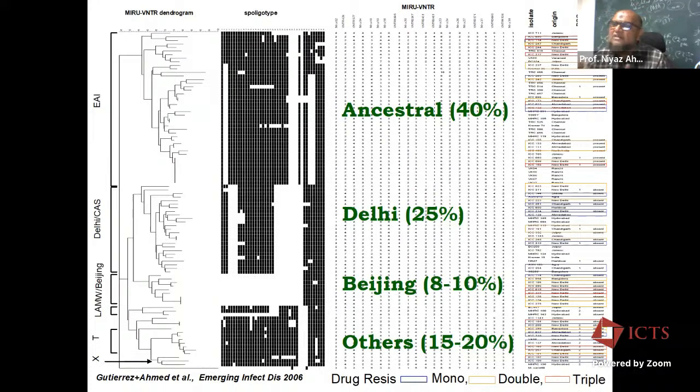When we analyzed collectively, we saw that there are certain lineages which are predominant in the Indian isolates of mycobacteria, and we call them ancestral isolates or ancestral lineages.